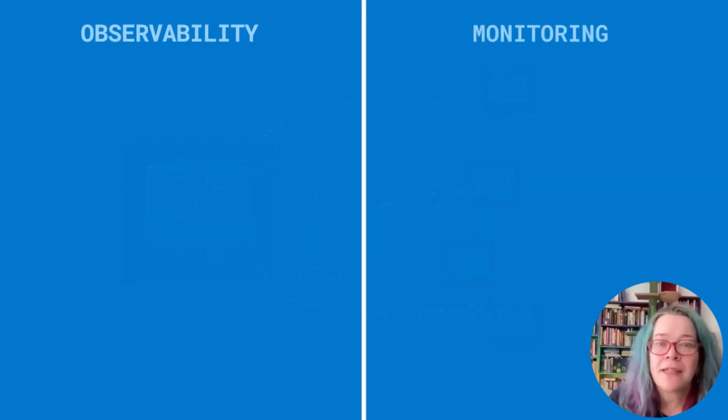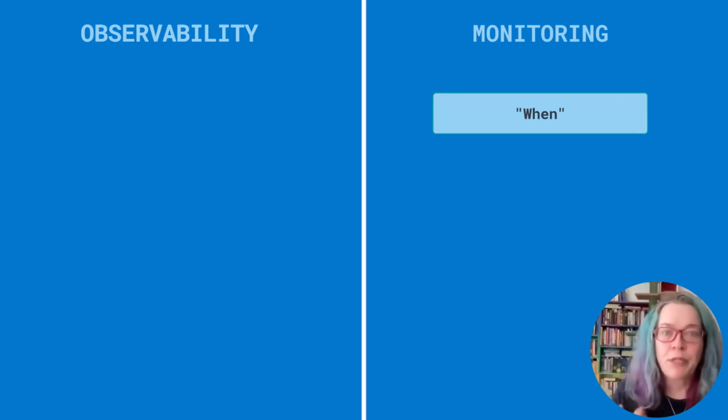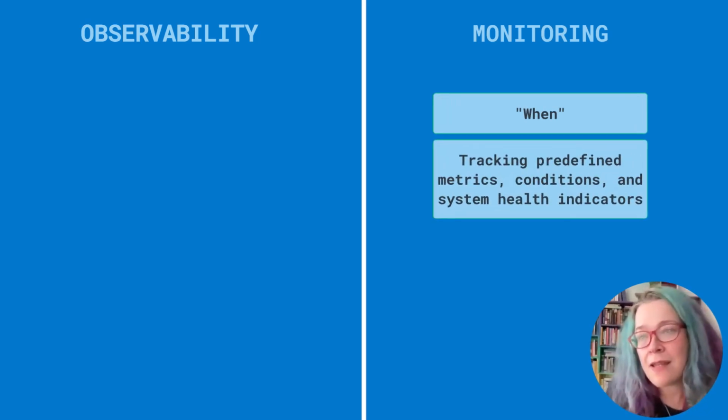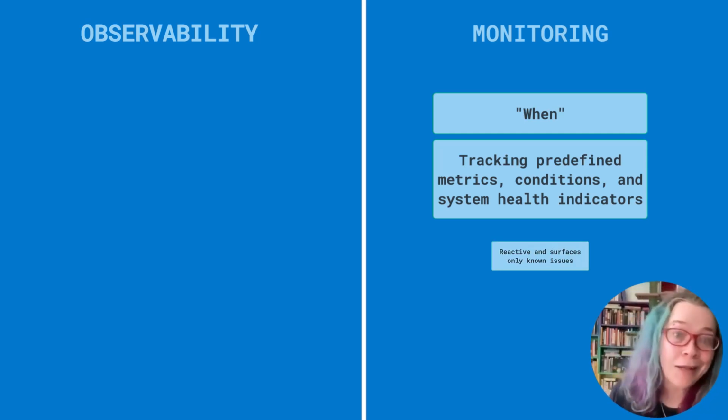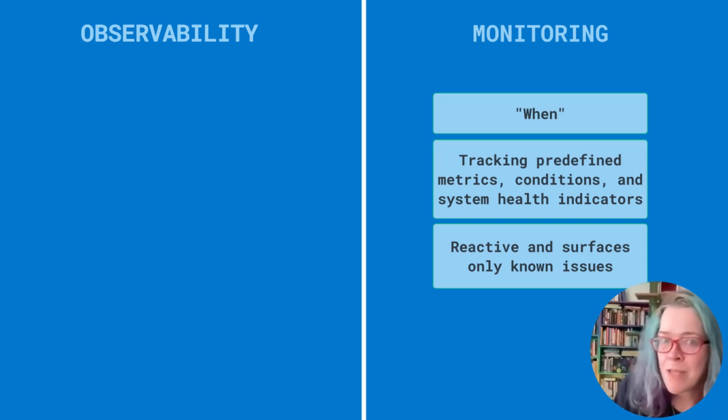Monitoring and observability often get lumped together, but they serve different purposes. Monitoring is mostly about the when, tracking predefined metrics, conditions, and system health indicators. It's reactive. It surfaces issues that we knew might happen through alerts and dashboards.